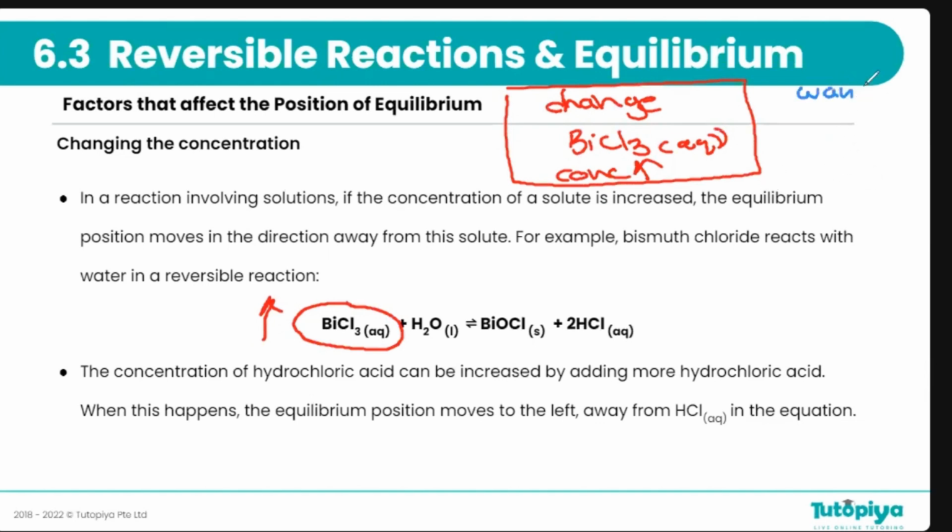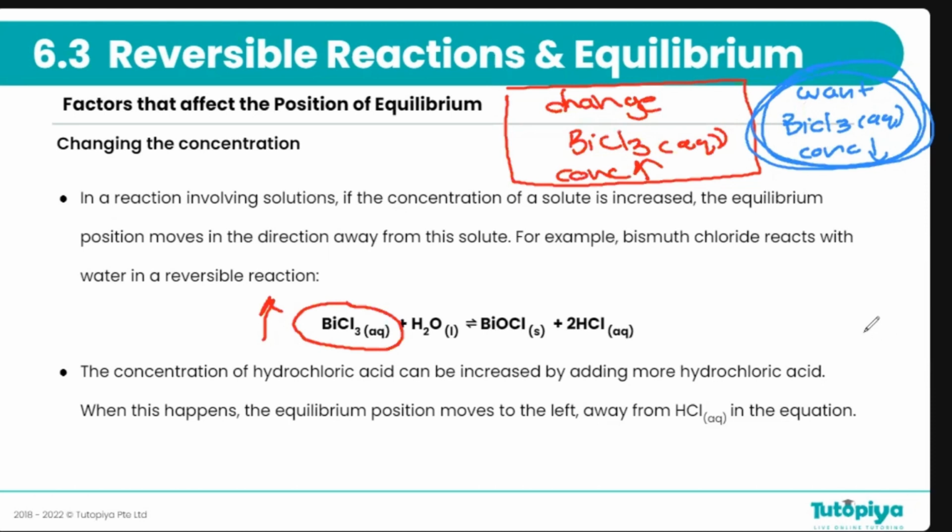So what it wants is to reduce the concentration of BiCl3. This is the want. This is what the equilibrium shift must achieve. The equilibrium should shift so that it reduces the concentration of BiCl3.